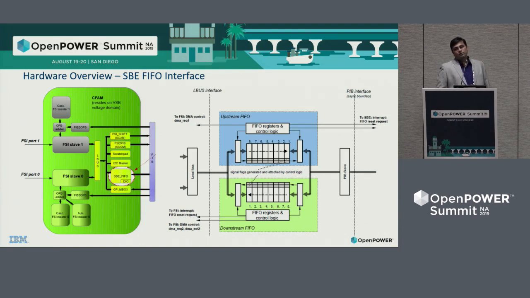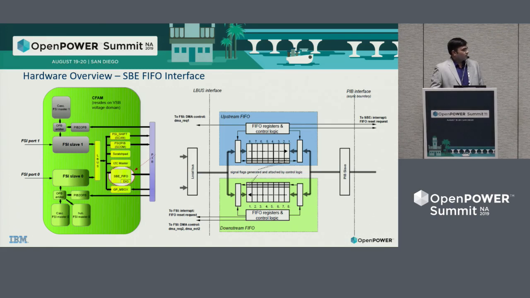CFAM stands for Common FRU Access Macros. They do dedicated functions of actually sending requests from the external entities to the specific elements in the pervasive side of the chip. So you can see there's a new one here called the SBE FIFO, which came into POWER9. And we have specific drivers on the BMC side which target this CFAM device. And using the protocol defined, they actually send commands onto the PIB bus.